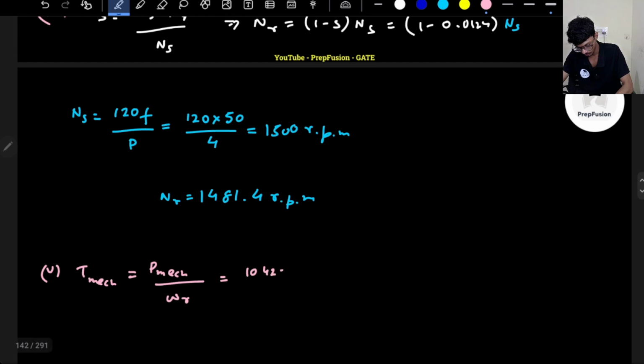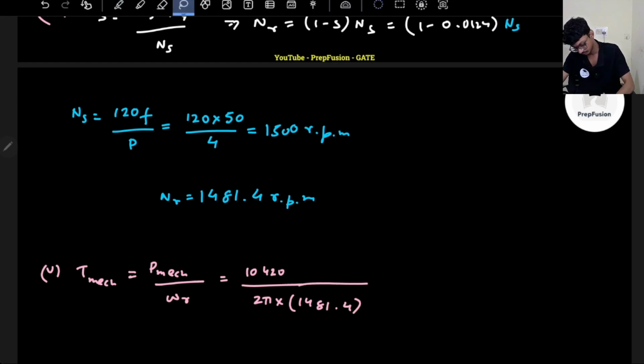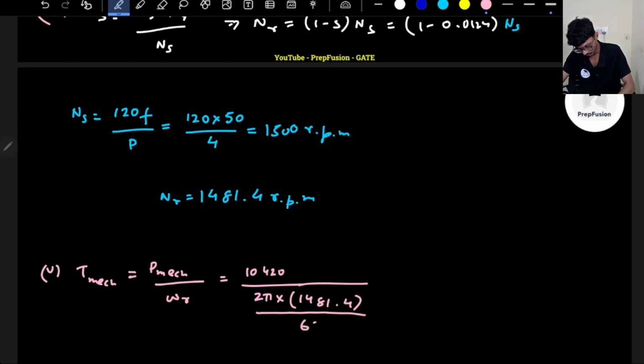So it is 10,420 into 60 divided by 2 into pi into the rotor speed, 1481.4.